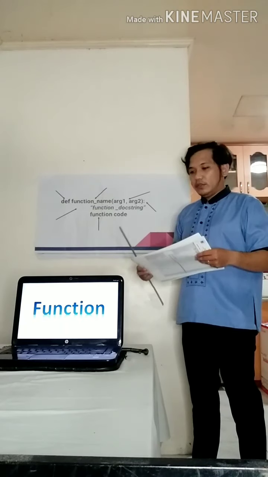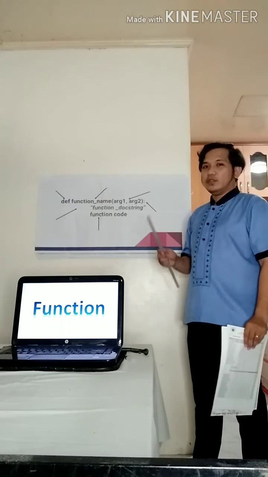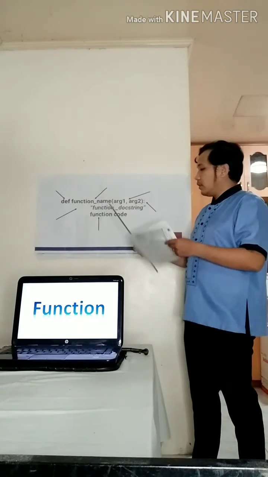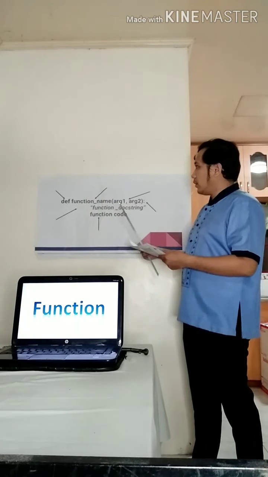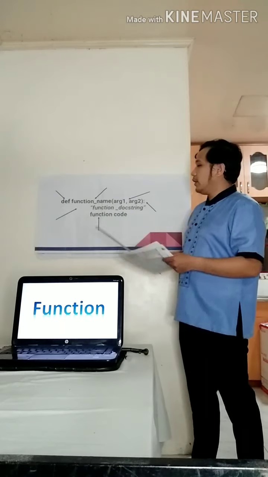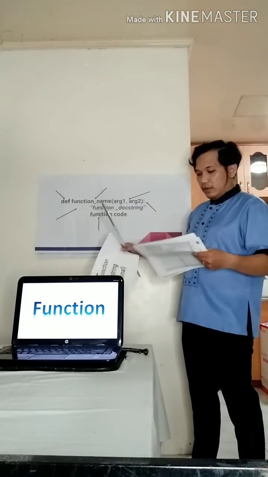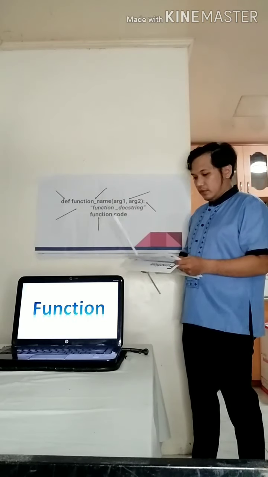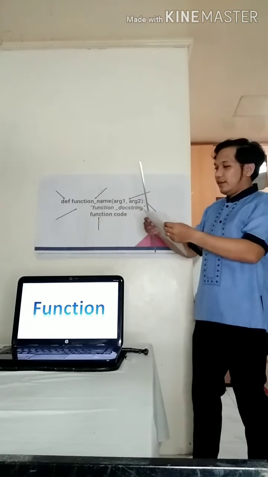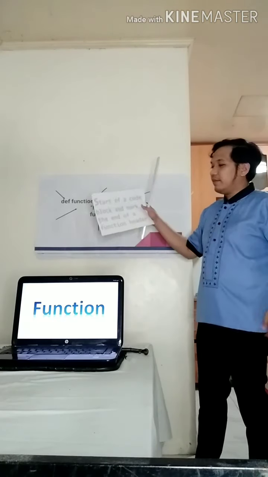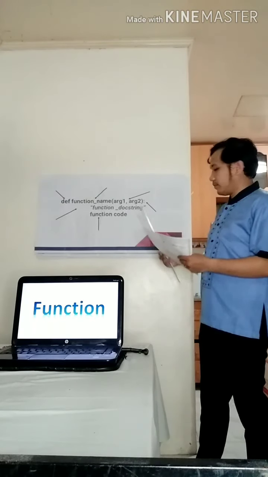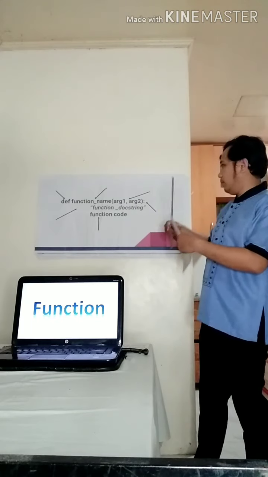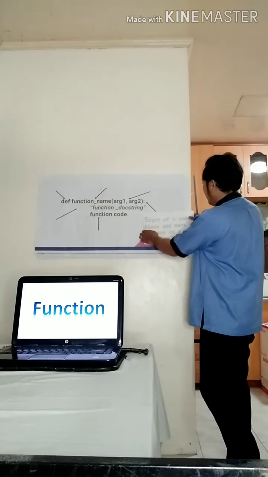What you will do is stick the meaning on each part of the function. So let's start. What starts the code block and marks the end of the header of a function? Very good, it is the colon.